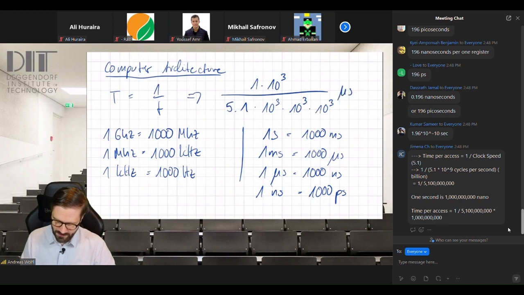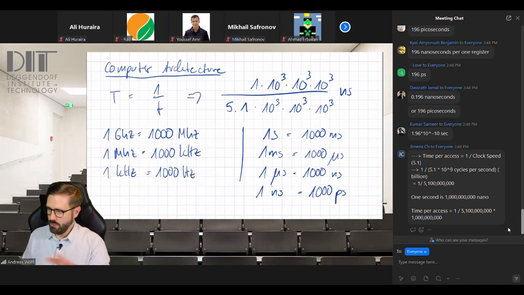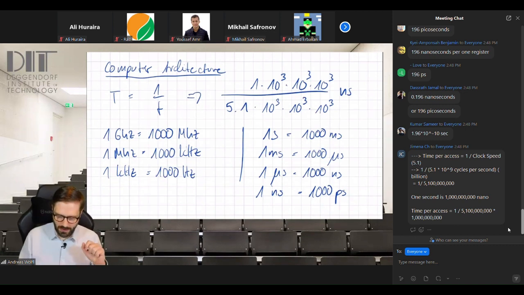If we want to have microseconds, we add a factor 1000. If we want to have nanoseconds, we add a factor 1000. And you see where we get with our calculation. We can cancel now, because we have in the numerator and the denominator a lot of factors 10 to the power of 3. So we cancel this, we cancel that, we cancel that.